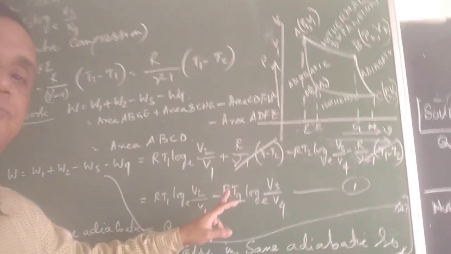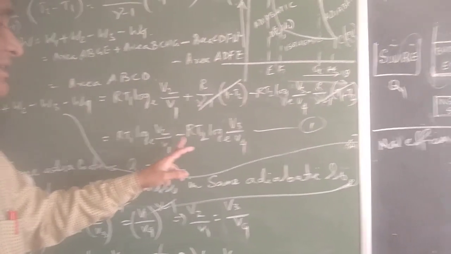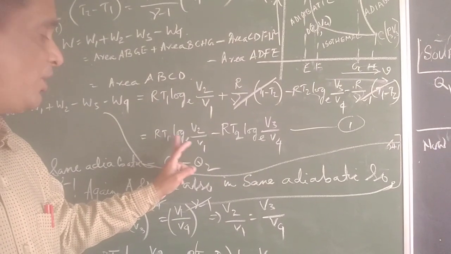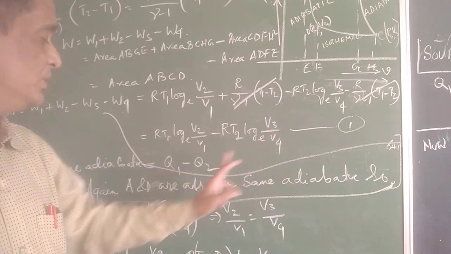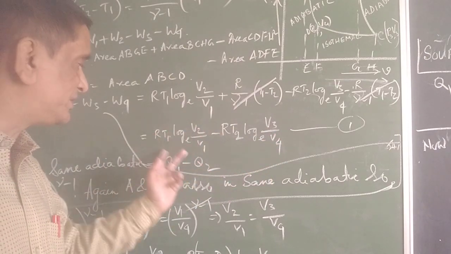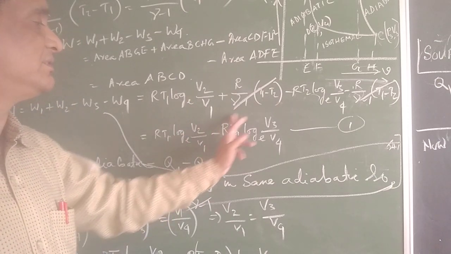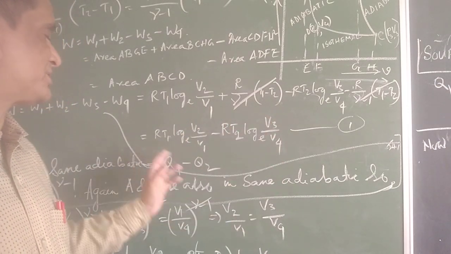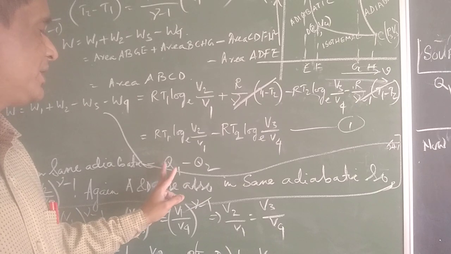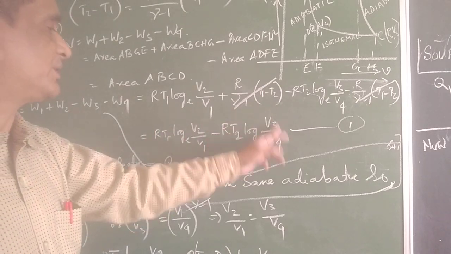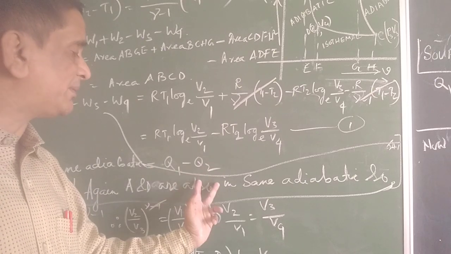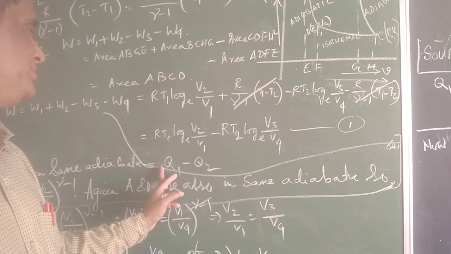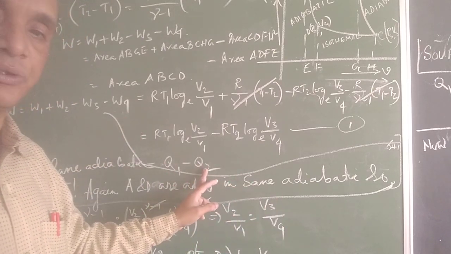And we'll get RT1 log e V2 by V1 minus RT2 log e V3 by V4. So this is the amount of heat given and this is the amount of heat rejected. This is Q1 and this is Q2. So it will be Q1 minus Q2. This amount of heat is given, this amount is released in the sink. So the total work done is Q1 minus Q2.